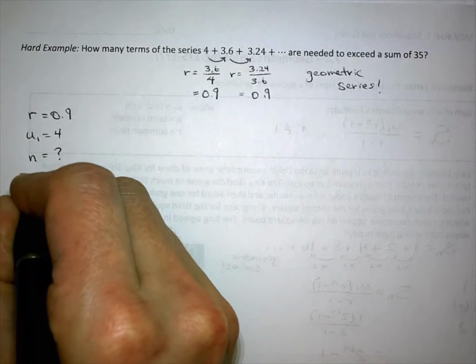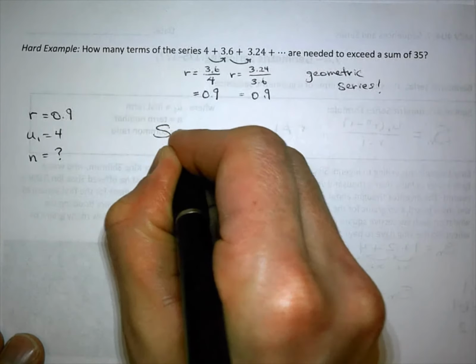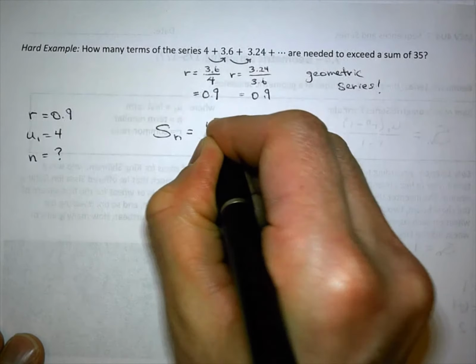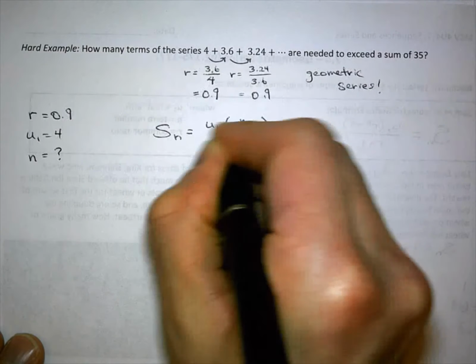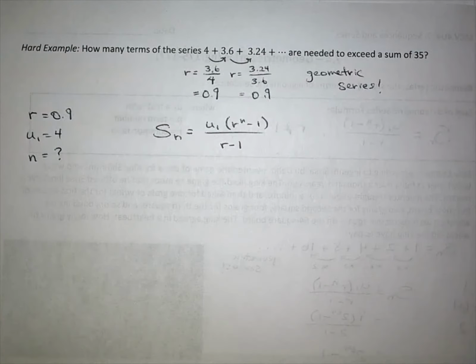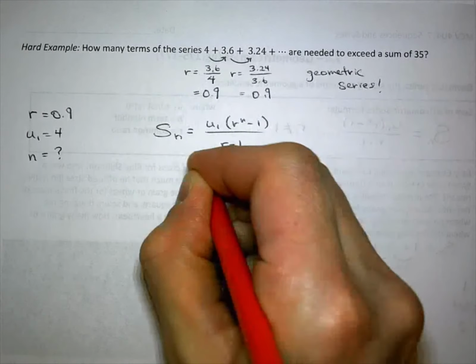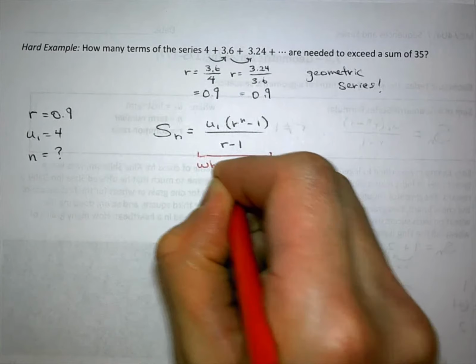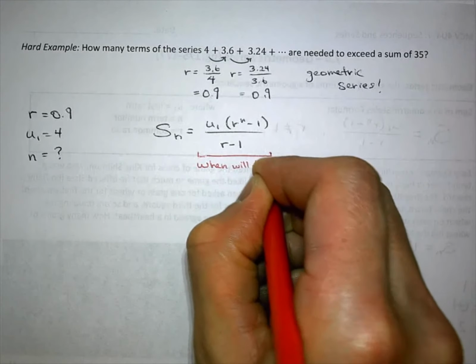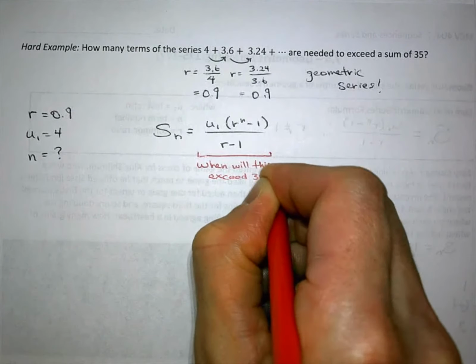So if we write out this formula, we want to find when this will exceed 35.